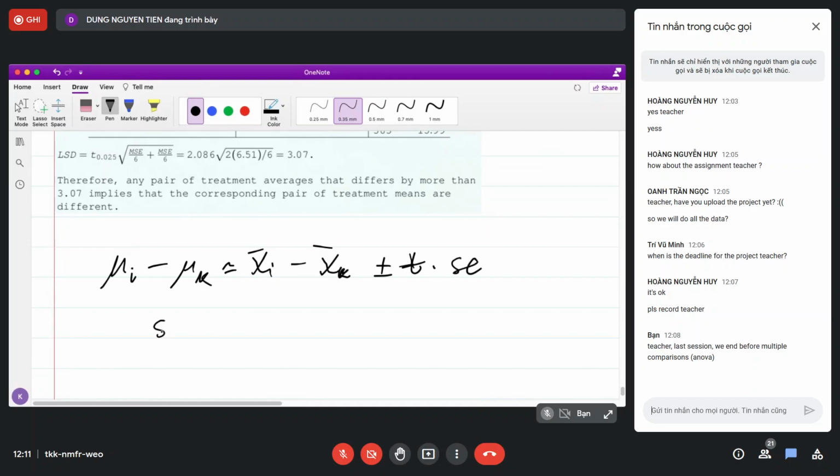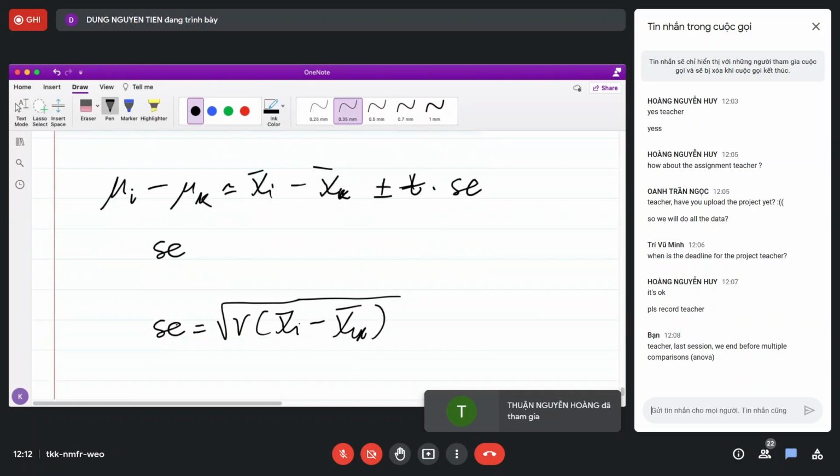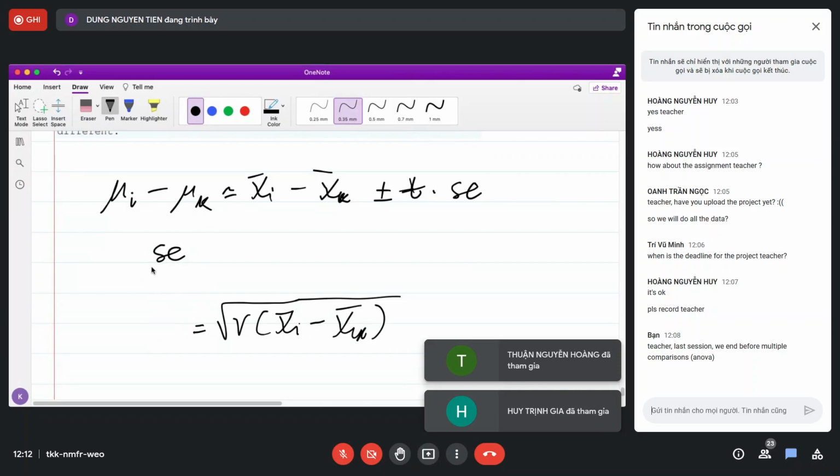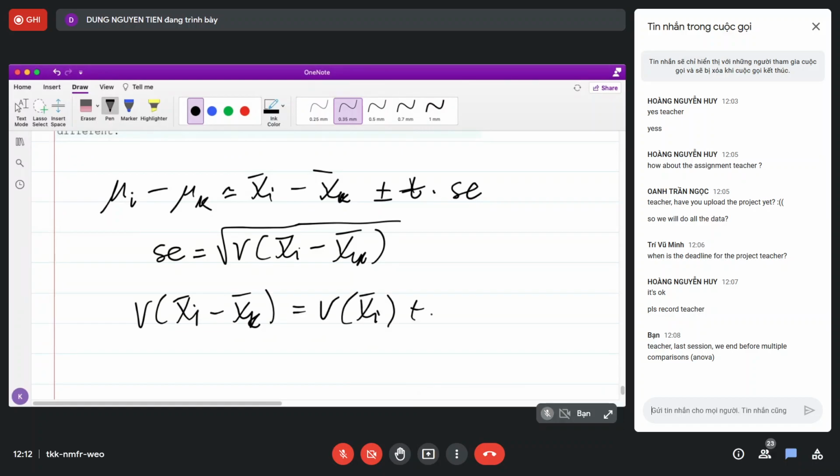In this case, the standard error is the square root of the variance of x_i bar minus x_k bar. The variance of the difference equals the variance of x_i bar plus the variance of x_k bar.